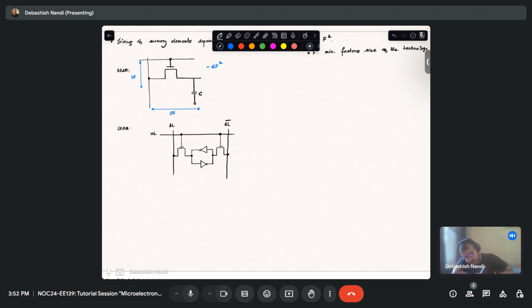In SRAM's case, depending upon which layer it is used, level 1, level 2 or level 3 cache, its size depends on 20 to 30 F on this side, and 7.5 to 10 F on this side. Okay, so it gives you an area of 150 to 300 F square.